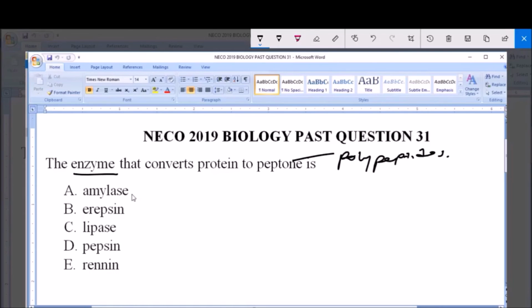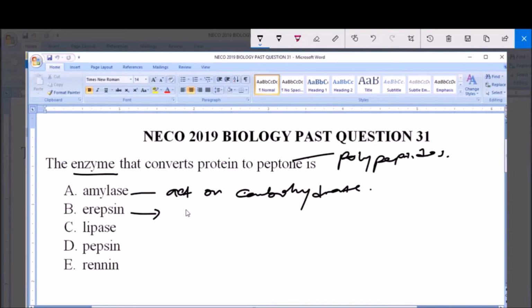Now, option A says amylase. Amylase is used to refer to a group of enzymes that act on carbohydrates. So amylase is a general name for the group of enzymes that act on carbohydrate food. Therefore, they do not act on protein. Now this is erepsin.